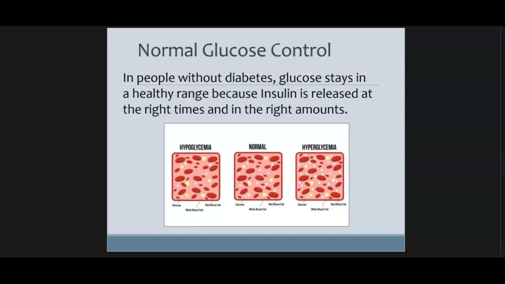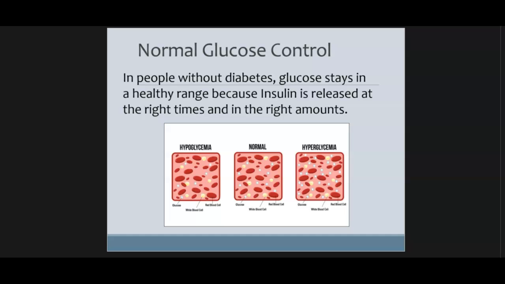But if a patient is hypoglycemic, then they have not enough glucose in their blood, and if they are hyperglycemic, then they have too much glucose in their blood. And then normal would be that just right amount.